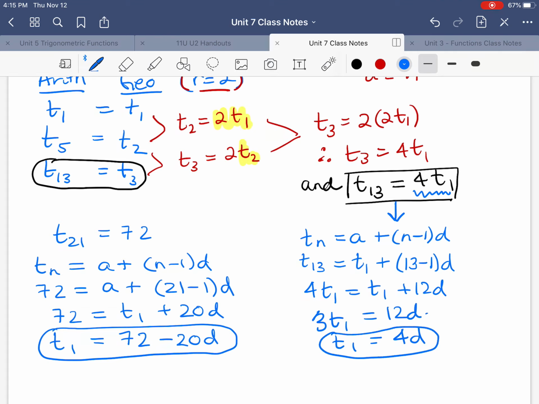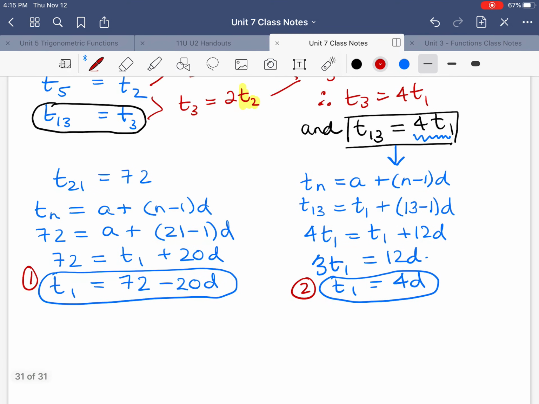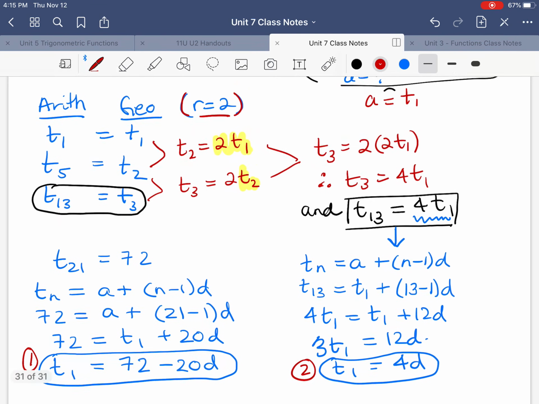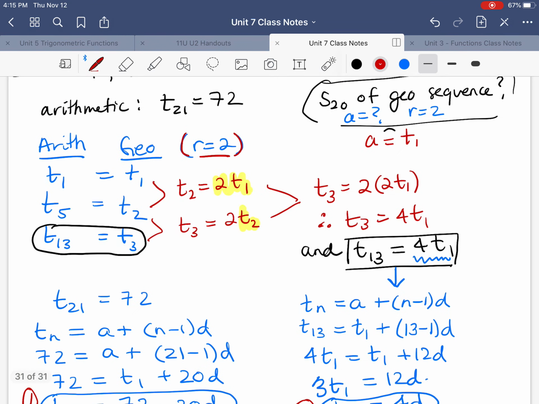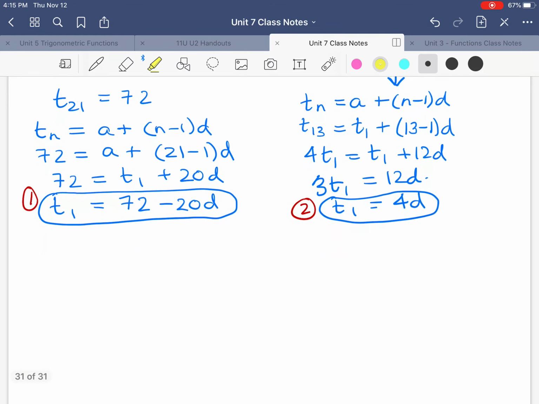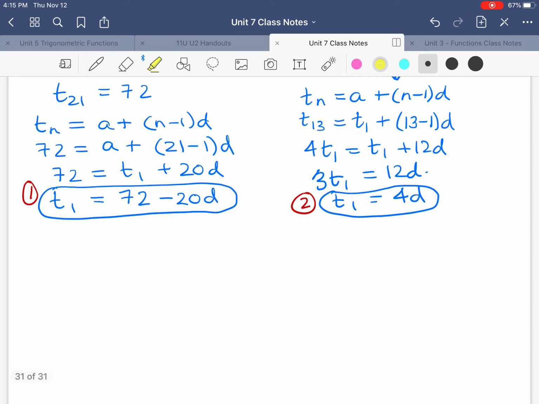Now we have two equations, equation 1 and equation 2, with two variables, so we can solve for D and T1. We need to find T1, we need to find A, in order to answer the full question. So we set the two expressions for T1 equal to each other, because the T1s are equal.